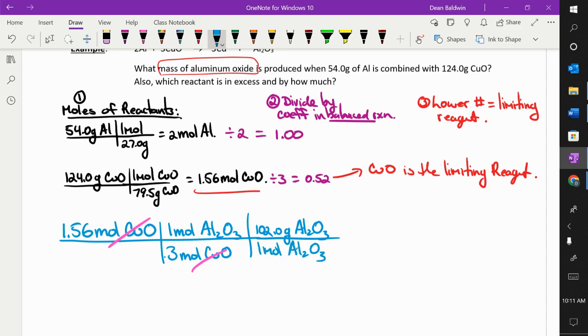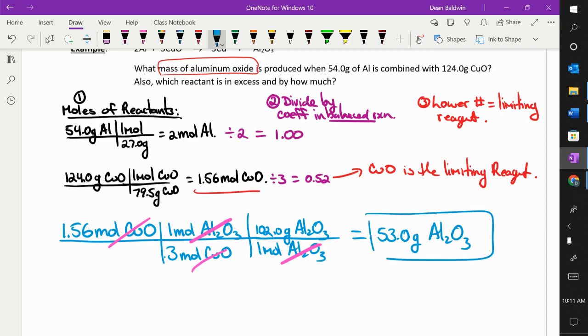So that's just the molar mass. And if you punch those numbers into your calculator, you're going to get 53.0 grams of Al2O3. Does that make sense?